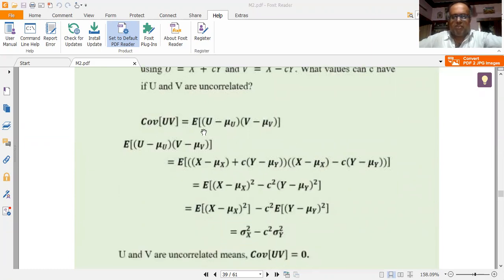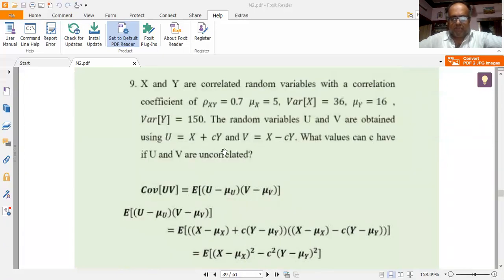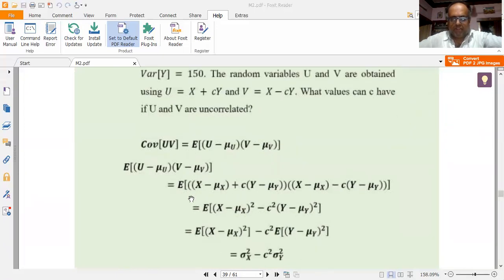Covariance of UV is equal to, by definition, E of (U minus mu u) into (V minus mu v). But U is equal to X plus cY, V is equal to X minus cY. So substituting and solving, I get this as E of (X minus mu x plus c into Y minus mu y) into (X minus mu x minus c into Y minus mu y).